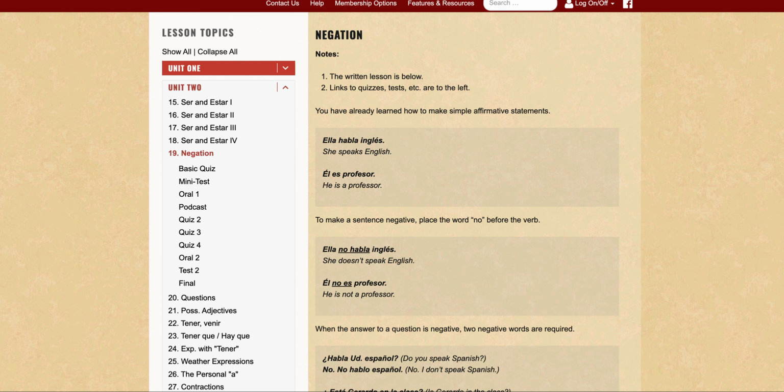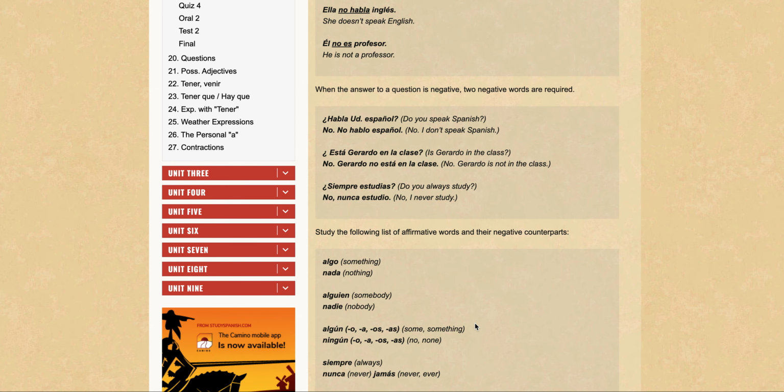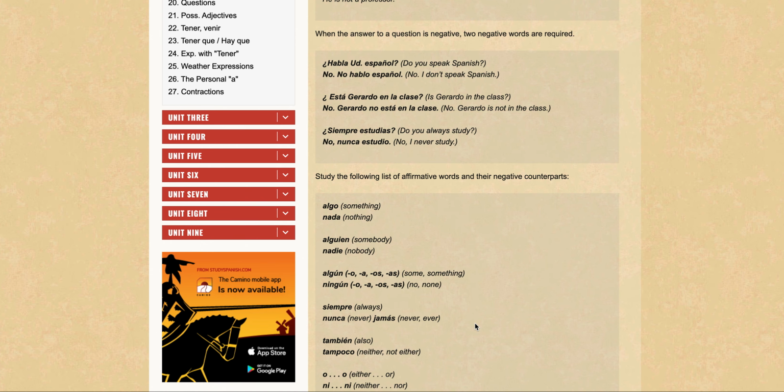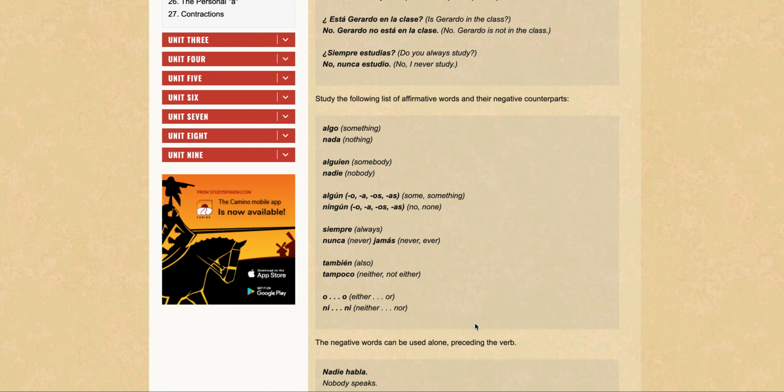How can we use two negatives in a sentence, three negatives in a sentence, and even four negatives in a sentence? And we've also seen opposites or antonyms, like algo, nada, alguien, nadie, algún, ningún, siempre, nunca, jamás, también, tampoco.